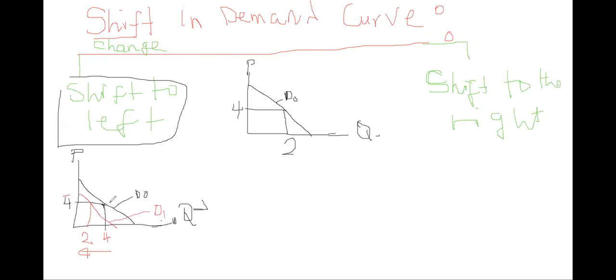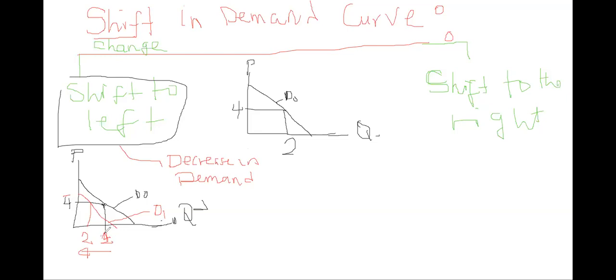So the demand curve shifts to the left, and some people call a shift of the demand curve to the left a decrease in demand. We see that demand decreased.